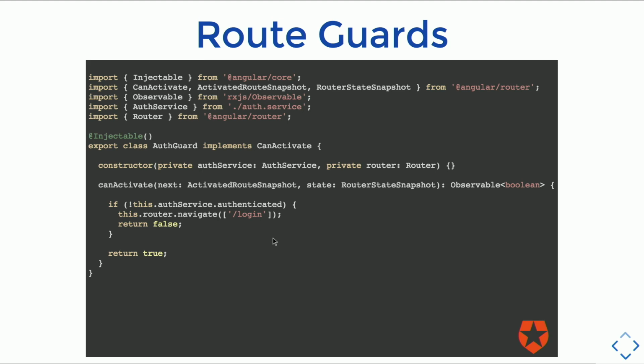But basically, we run a condition to see if the user should be able to see this route or not. And again, all of this runs publicly in our browser. So it's kind of like a thin layer of security, but it's better than nothing, and it provides a better user experience if implemented properly.